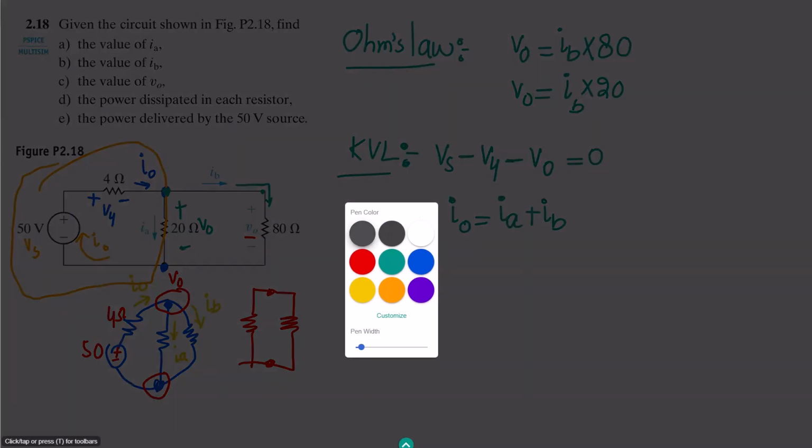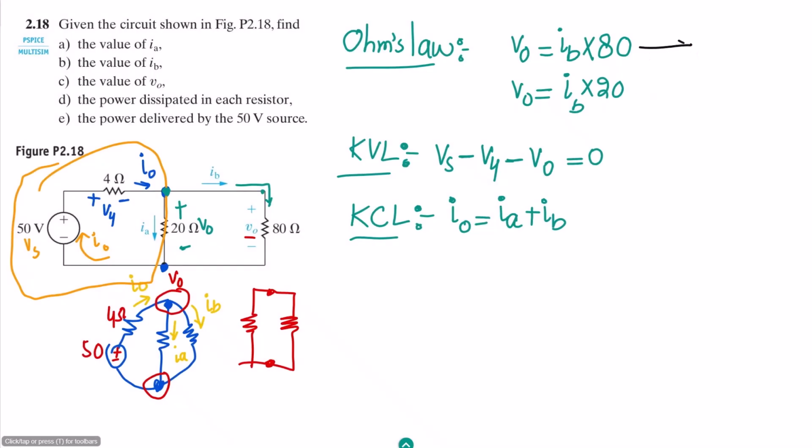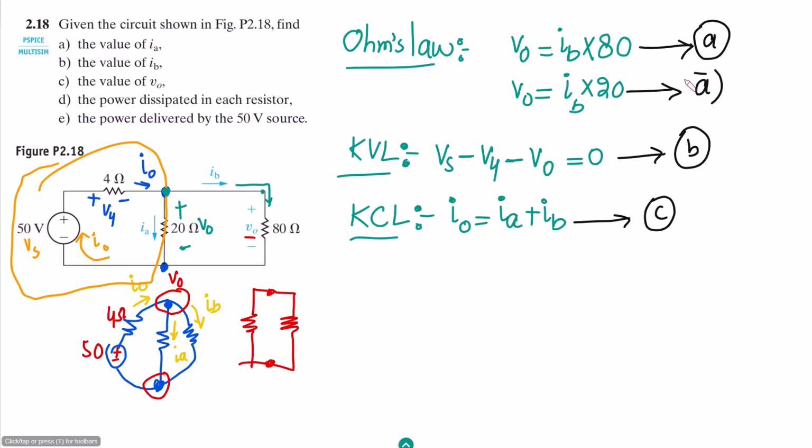So now we have three equations. We have this equation, let me call it A. This is equation B, and this is C. Let me also call it equation A prime as well. So now we have these four equations, and on the basis of them, let me calculate the values.